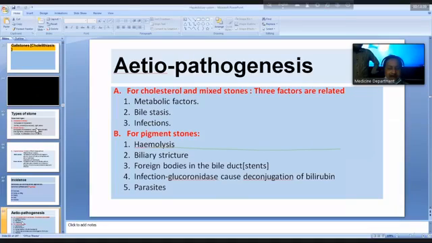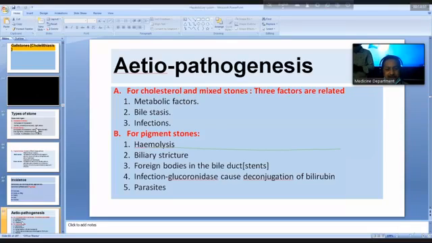You can see the metabolic factors, that is, we know the cholesterol in bile forms micelles with the help of bile salt and phospholipid.